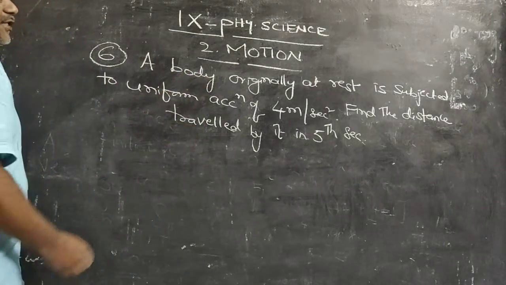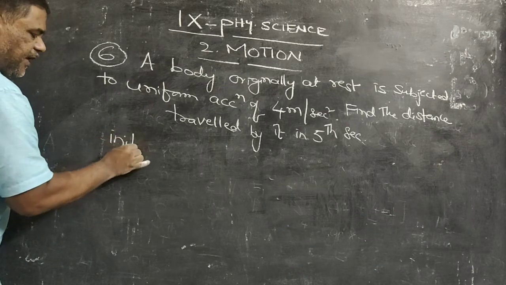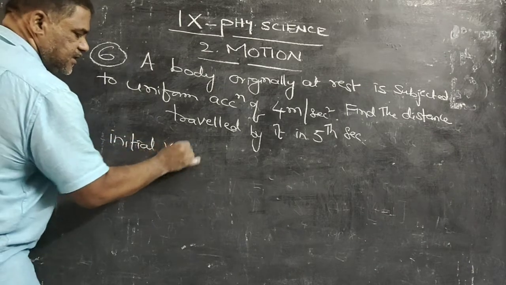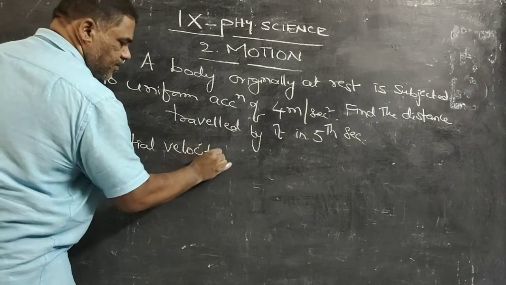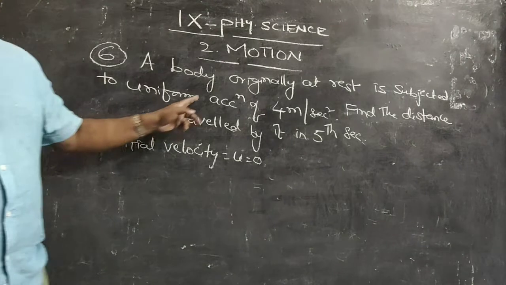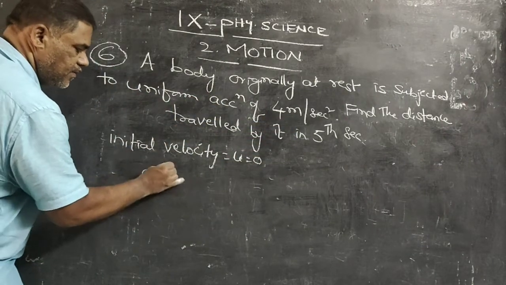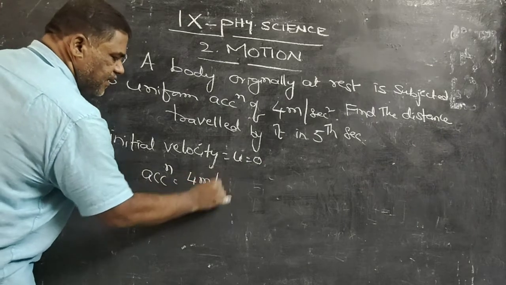Here a body originally at rest. Whenever a body is at rest, initial velocity we have to take as 0. So initial velocity u value is 0. Next, here acceleration is given. So acceleration a is equal to 4 meters per second square.